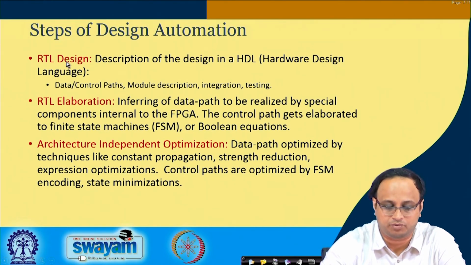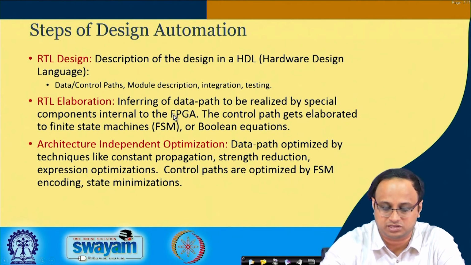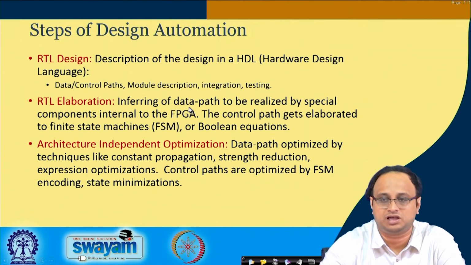The first important component is the RTL design, which you have already done. Once you have done this, the next step is what is called RTL elaboration. In RTL elaboration, it basically infers your design into data path components or control path components.